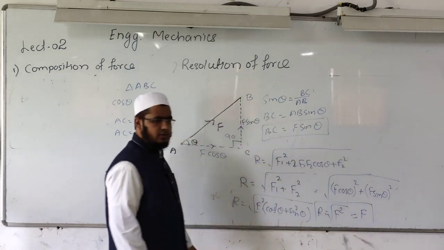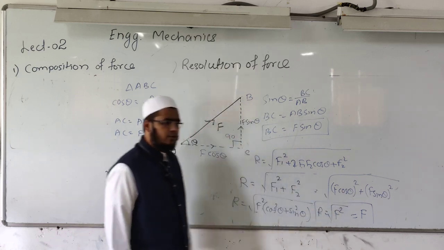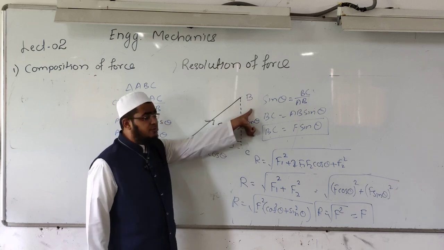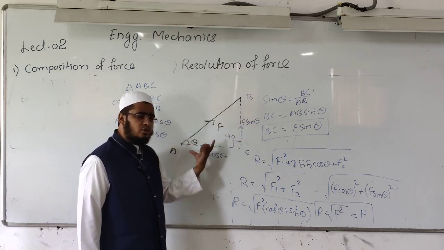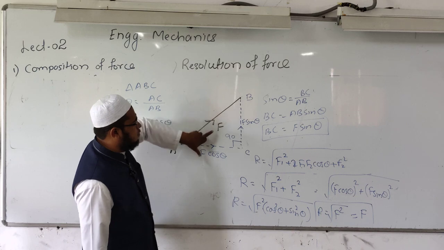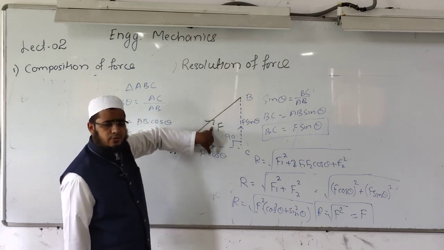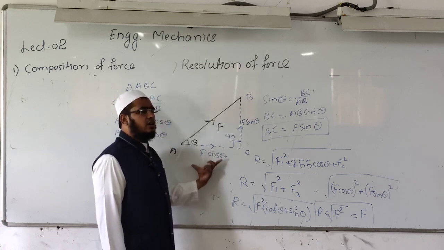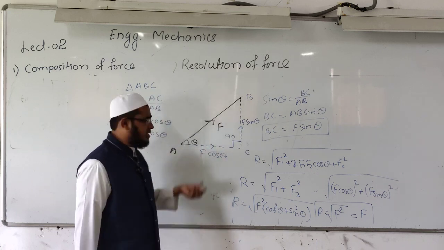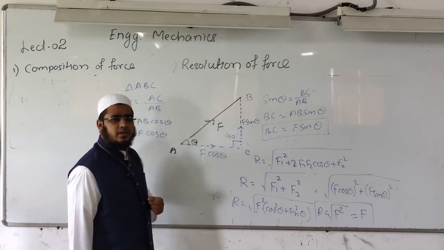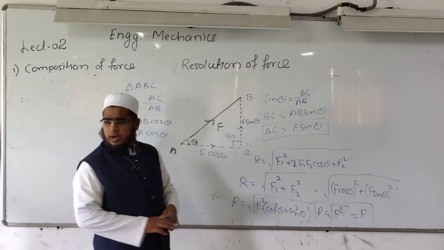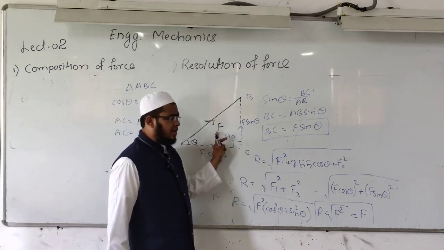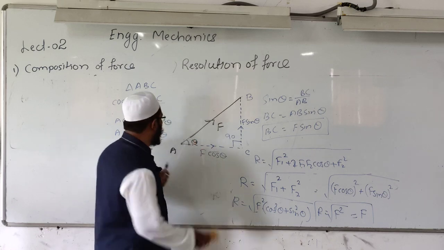This is a very important point. It means the resultant is F. What does it mean? The forces F cos theta and F sin theta combined produce the same effect as the force F. F cos theta is the horizontal component of the force F which is inclined at an angle theta, and F sin theta is the vertical component of force F which is inclined at an angle theta.